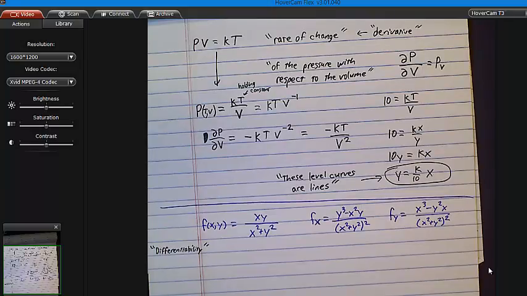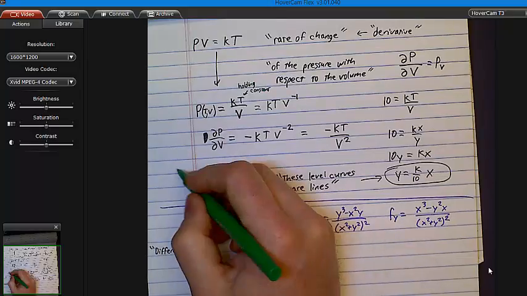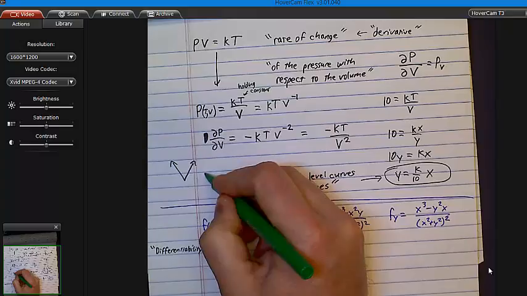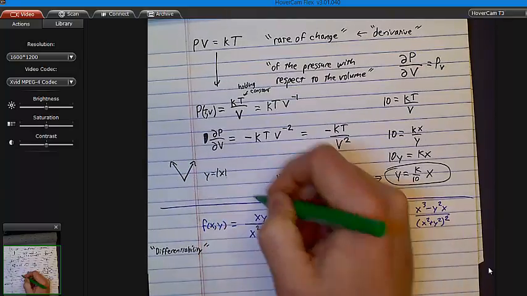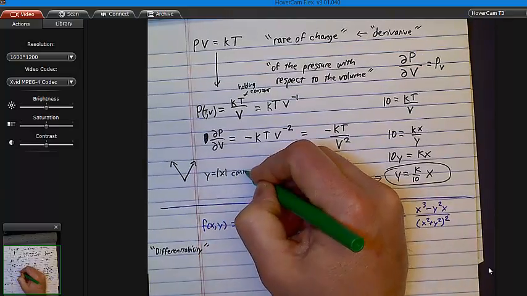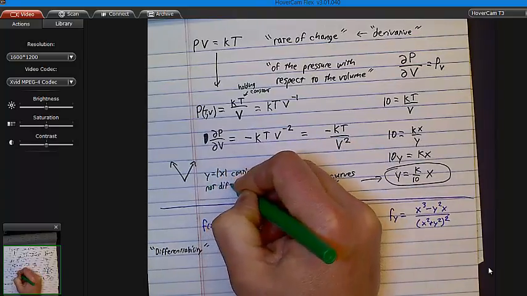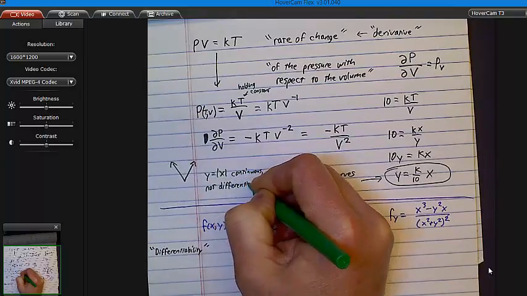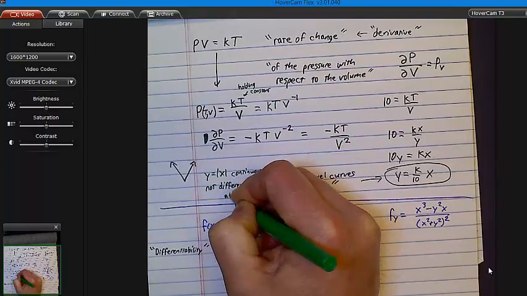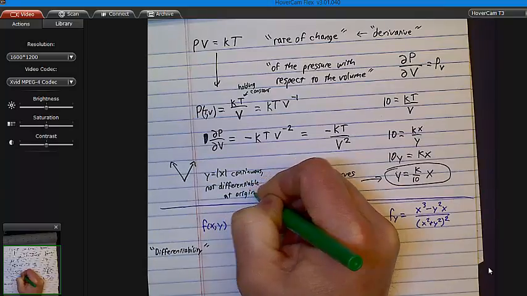You have to be continuous if you want to be differentiable. But if you are continuous, does that mean you are differentiable? Not necessarily. The classic example was the absolute value function. Y equals absolute value of x is continuous, but not differentiable where? At the origin. Why? Because you need a little bit more.